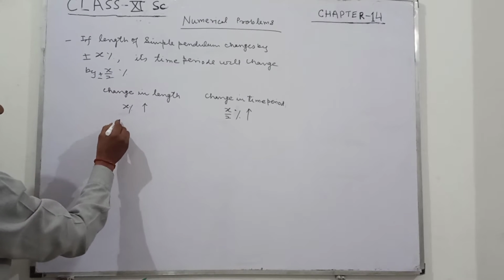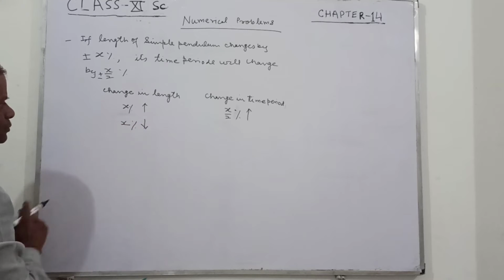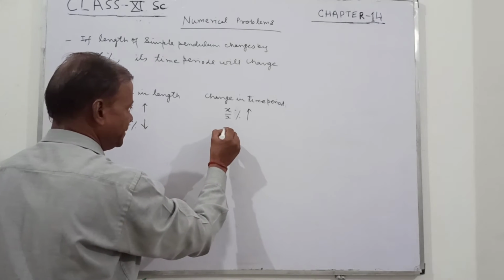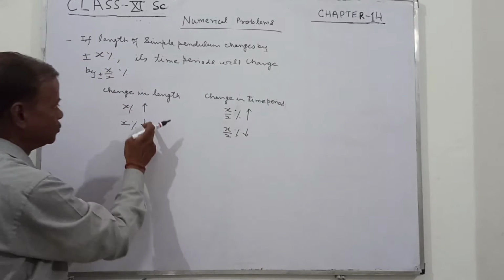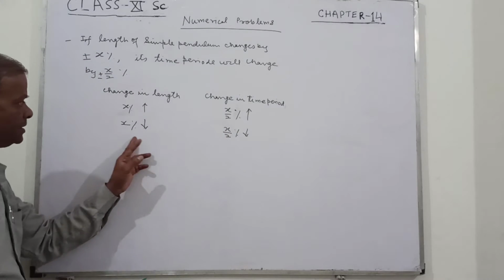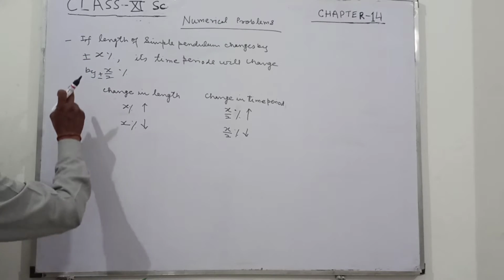If the length decreases by x%, this goes like this, then the time period will also decrease by x by 2%. So the up sign is for increase and down sign is for the decrease of this length.